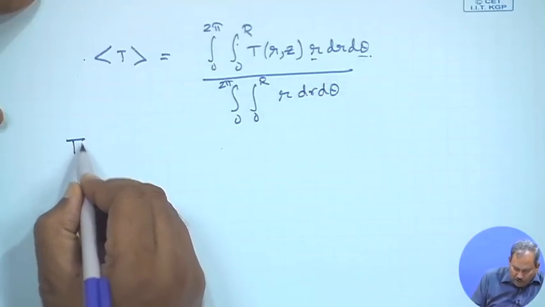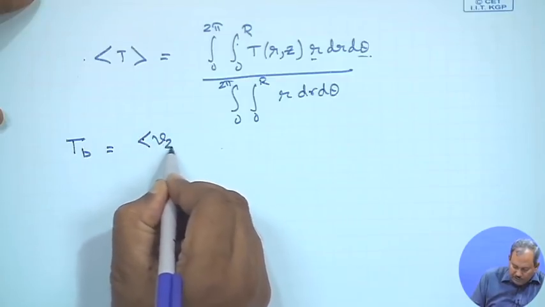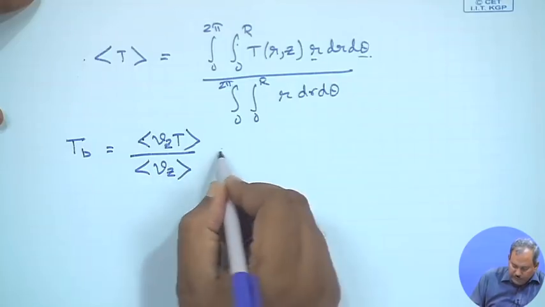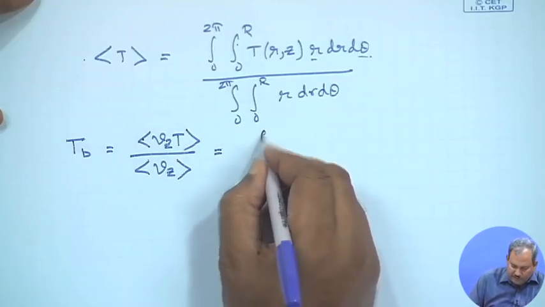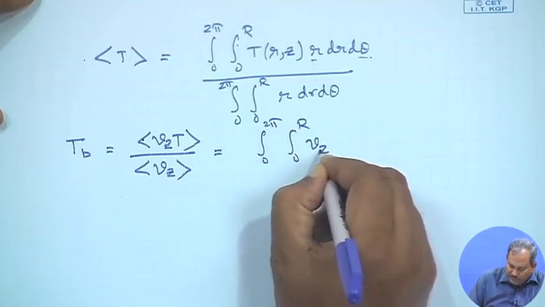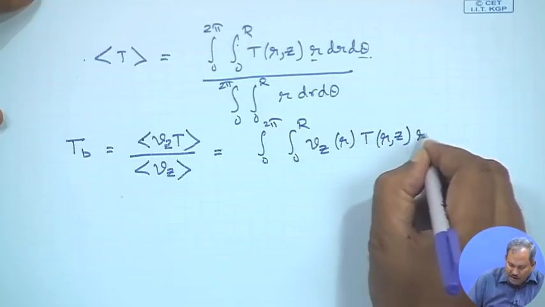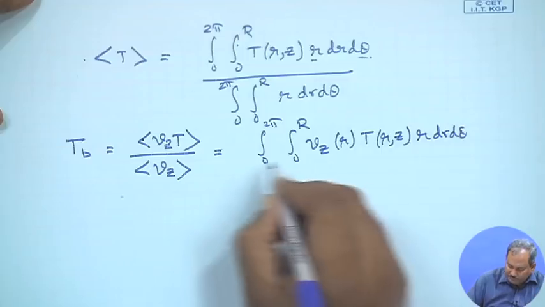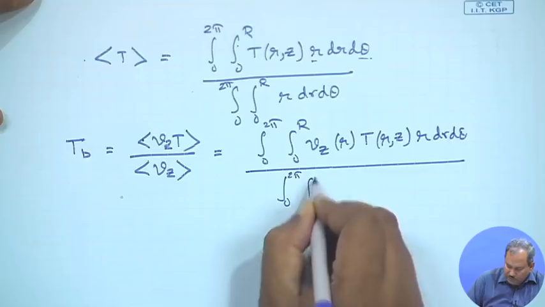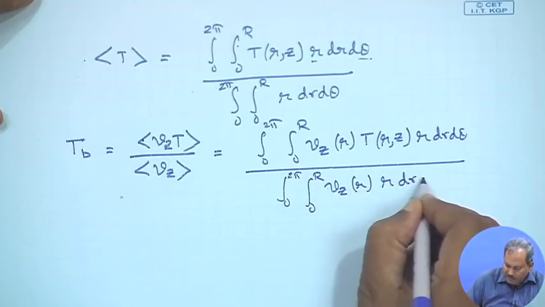But the more common one, which is denoted by, let us say, Tb, which is the average of Vz T divided by the average of Vz, and as the expression suggests, it is going to be the integral from 0 to 2 pi, 0 to r, of Vz, which is a function of r, times T at r, z, r dr d theta, divided by the integral from 0 to 2 pi, 0 to r, of Vz, which is a function of r, r dr d theta.